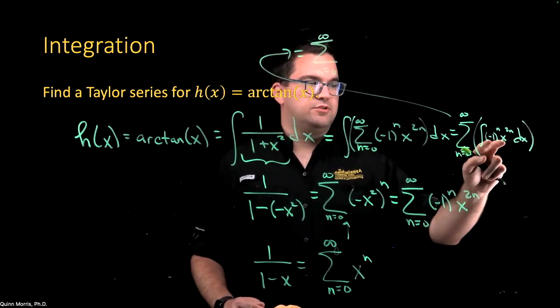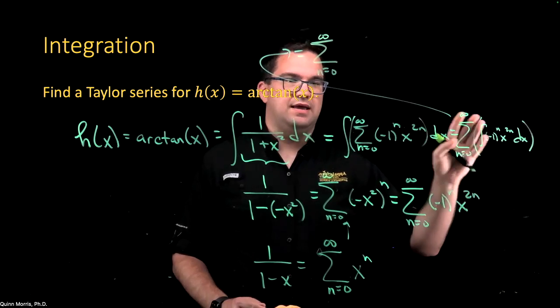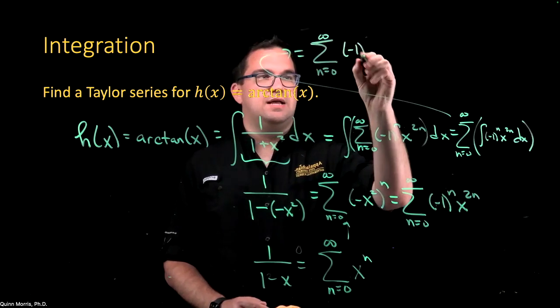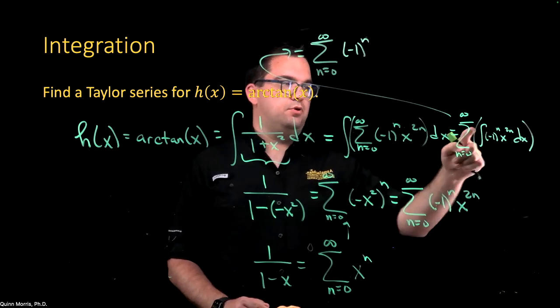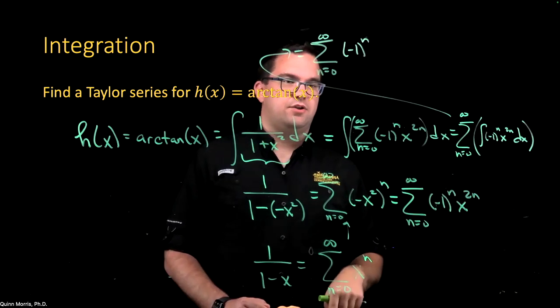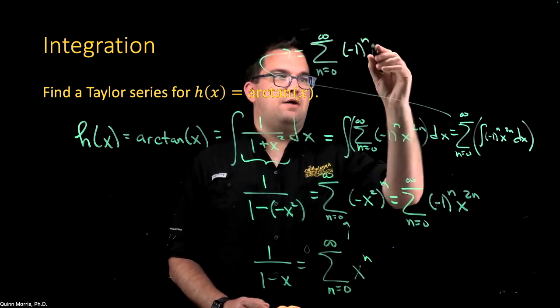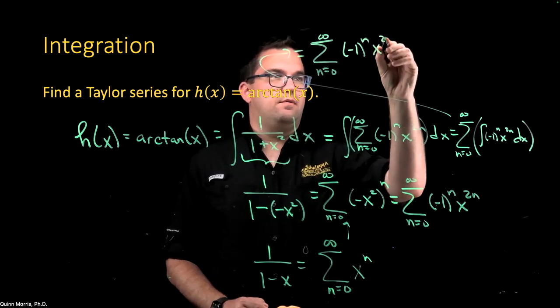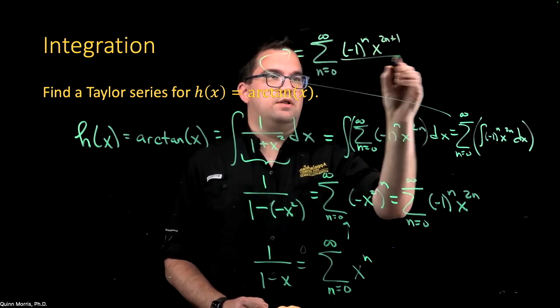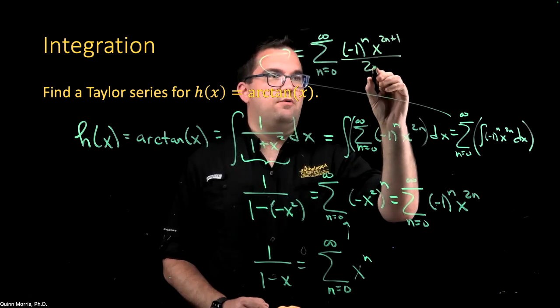Now, I'm integrating with respect to x, so this negative 1 to the n is just a constant as far as the integral is concerned. I can just pull it out. And now I need to take an antiderivative of x to the 2n. So I'll increase the power by 1, x to the 2n plus 1, and I'll divide by the new power.